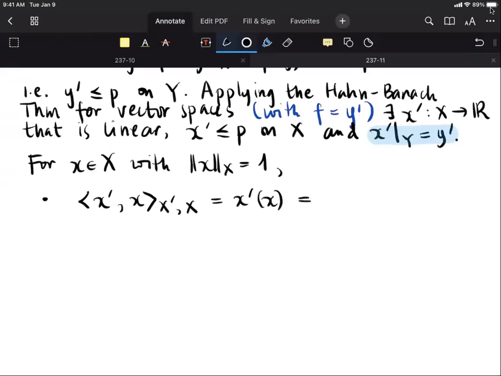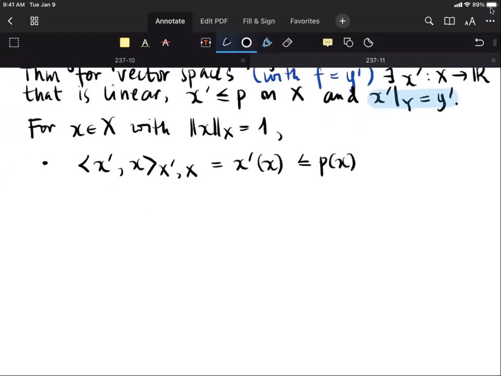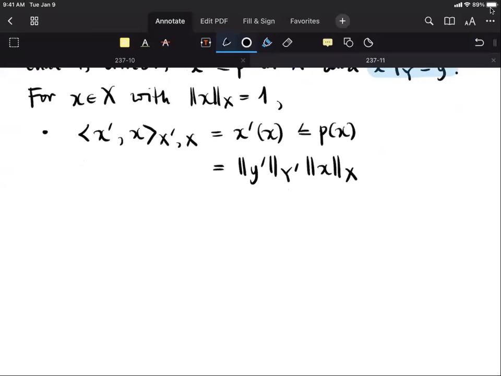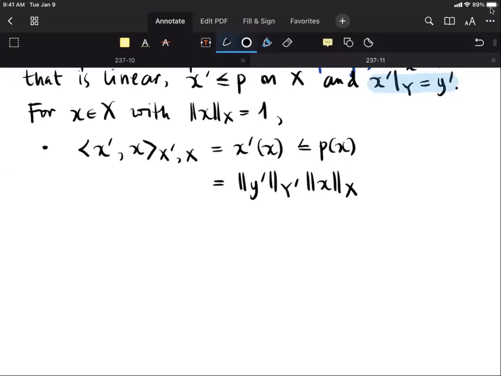This is less or equal to P of x based on this inequality. And then we apply the definition of P of x. So this is the dual norm of y prime times the X norm, or Y norm, of x. They're just the same. And since the norm of x is equal to 1, this is equal to just the norm of y prime.